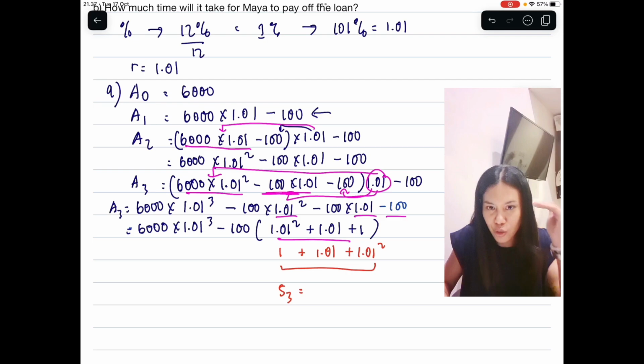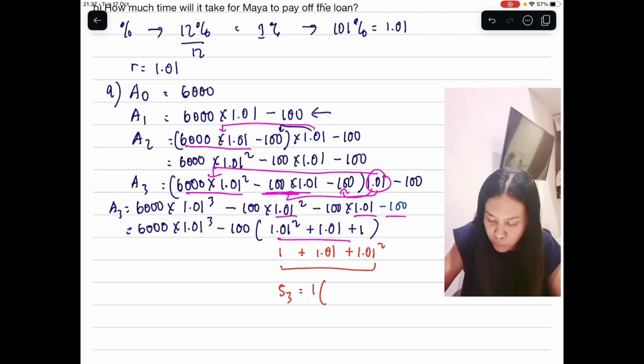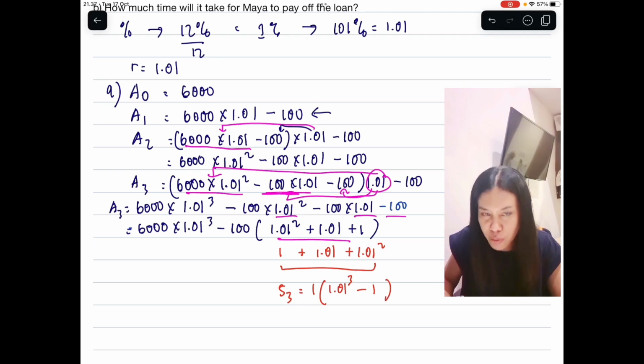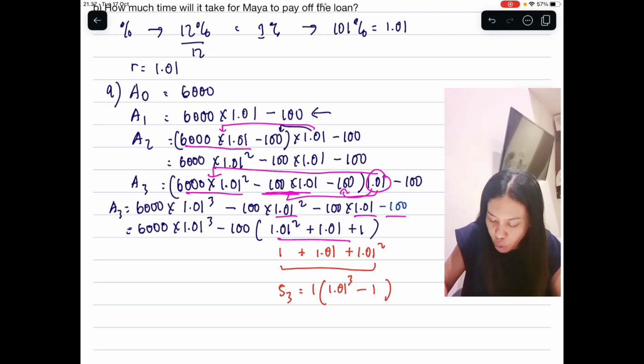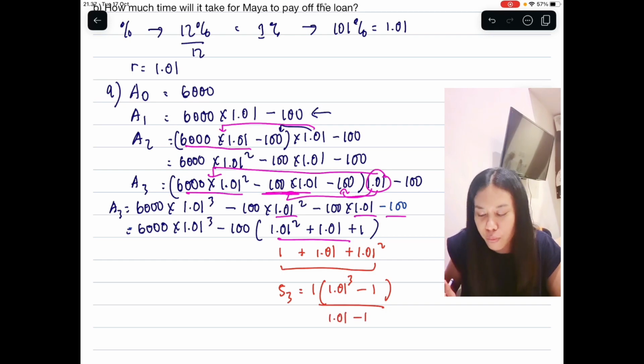You should remember the formula: U1 is 1, inside the bracket R to the power of 3, because there are 3 units, so R is 1.01 to the power of 3, minus 1. Don't ask me where the minus 1 comes from, it's part of the formula. And then over 1.01 minus 1, which is also part of the formula.